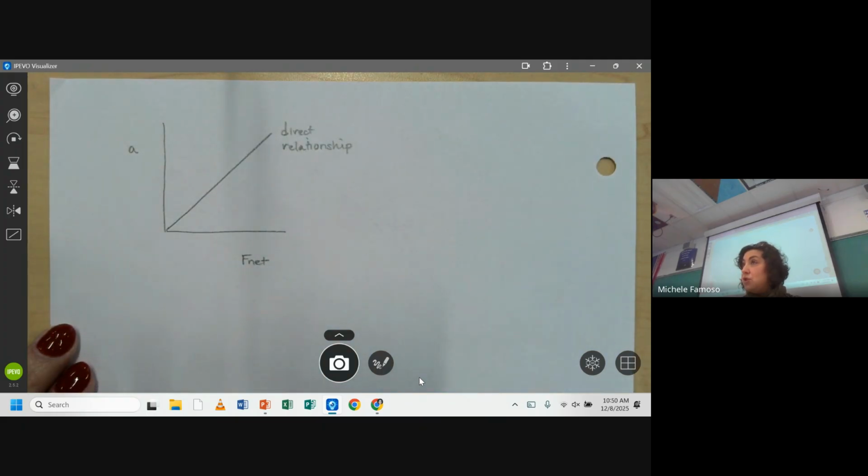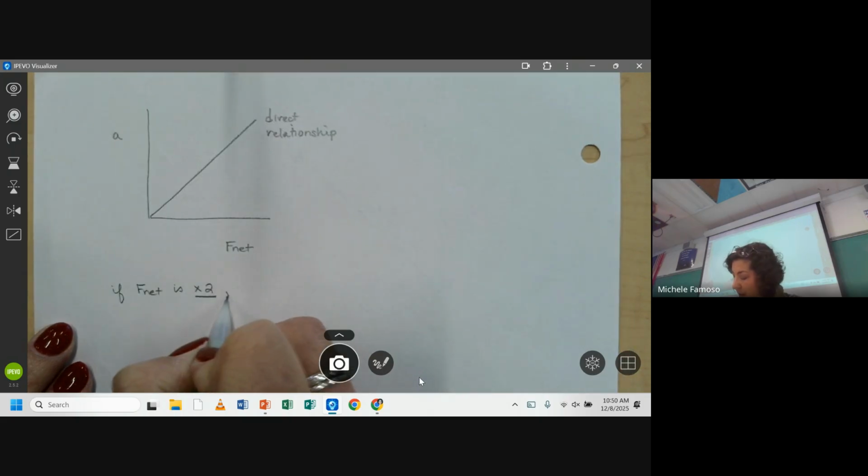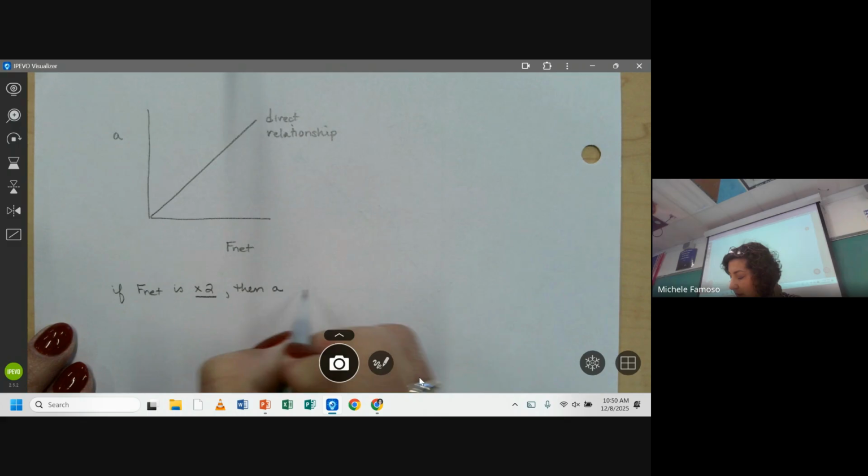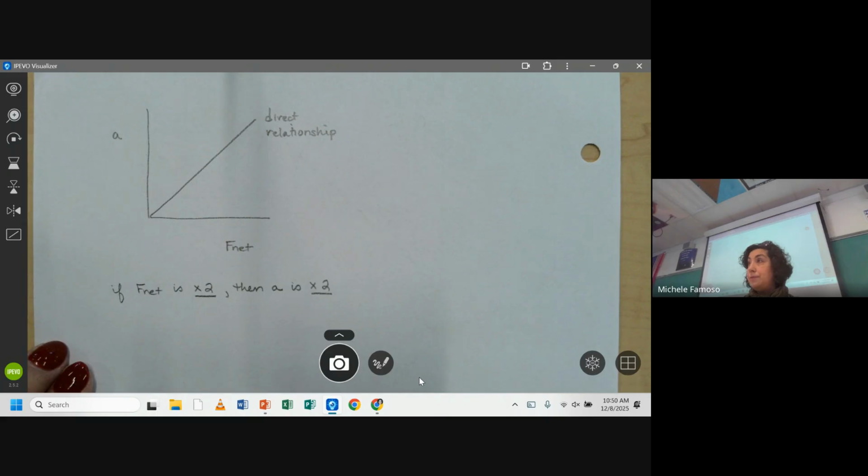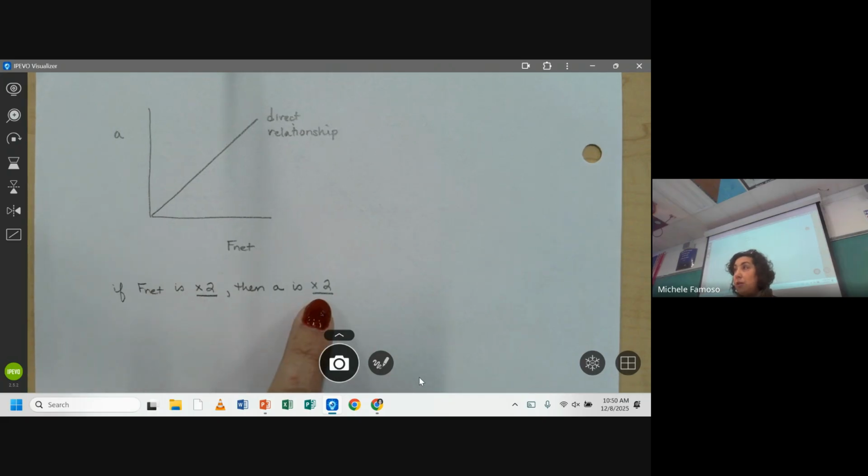In terms of a direct relationship, it means that if the net force is multiplied by a factor of 2, then the acceleration will also be multiplied by a factor of 2. That's what direct means. What you do to one variable, you do to the other.